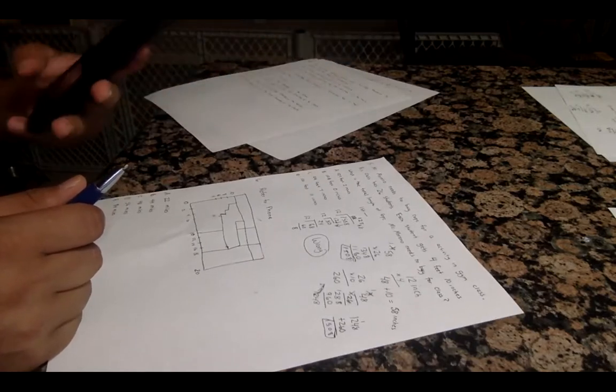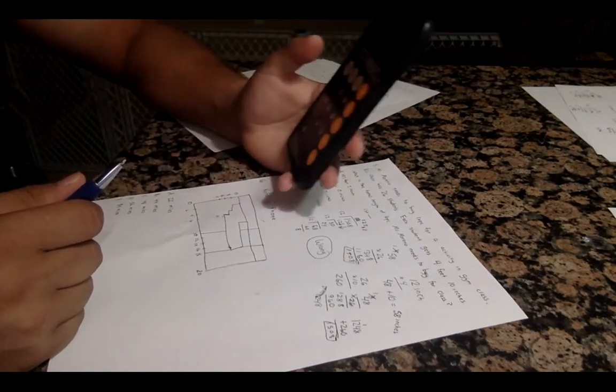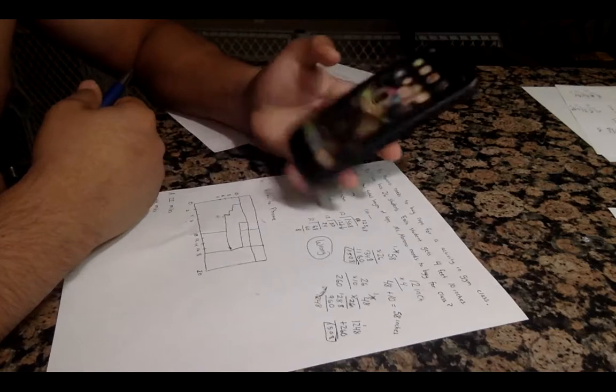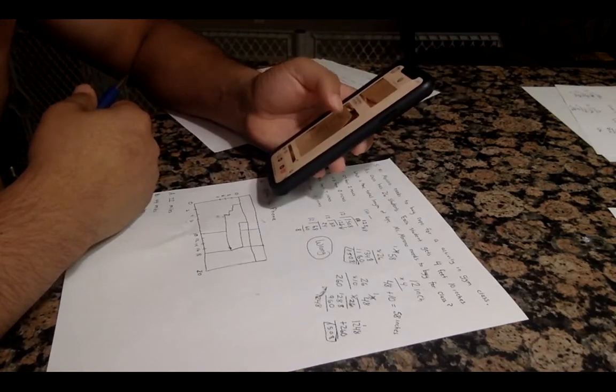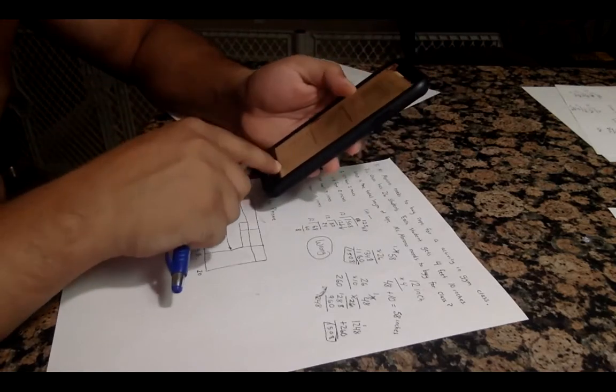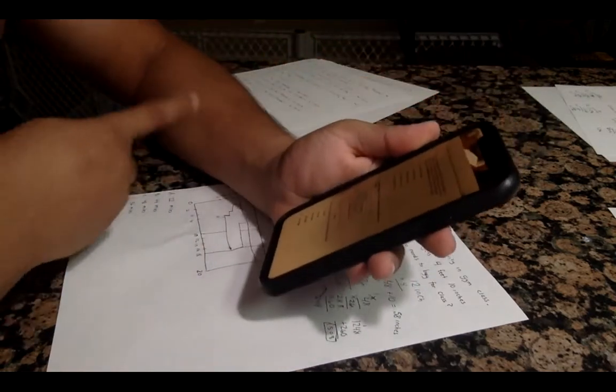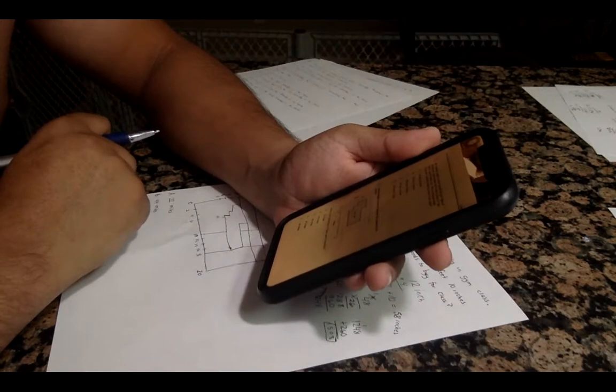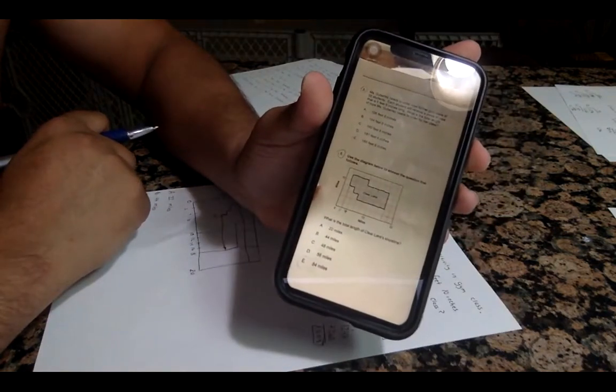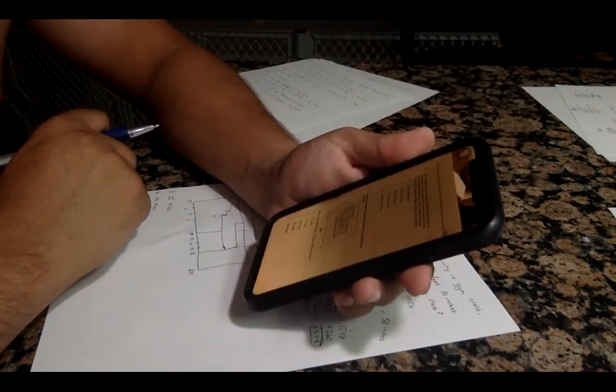Okay, number 6. Let's see number 6. So, shows right here. Use the diagram below to answer the question that follows. What is the total length of Clear Lake's shoreline? Clear Lake shoreline.